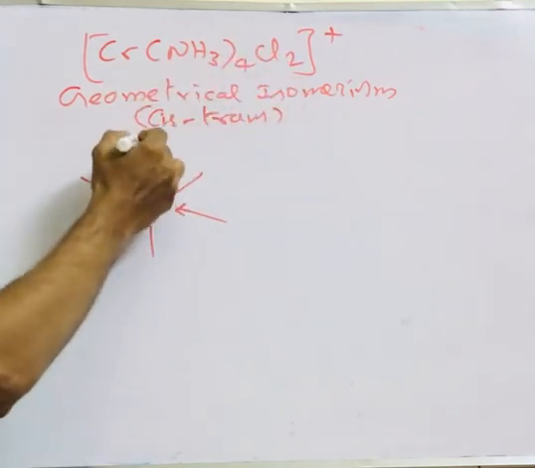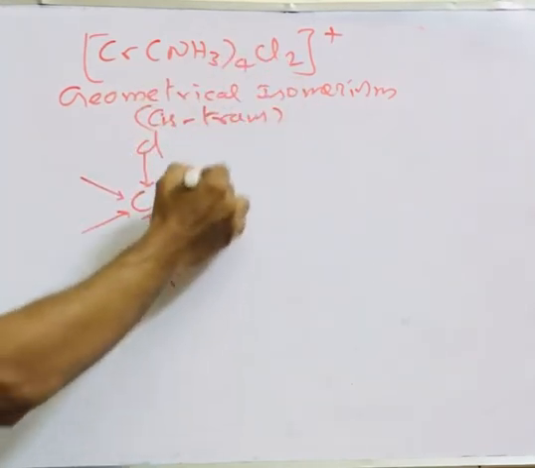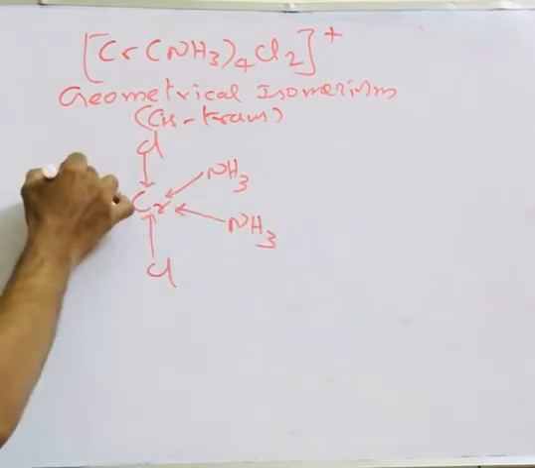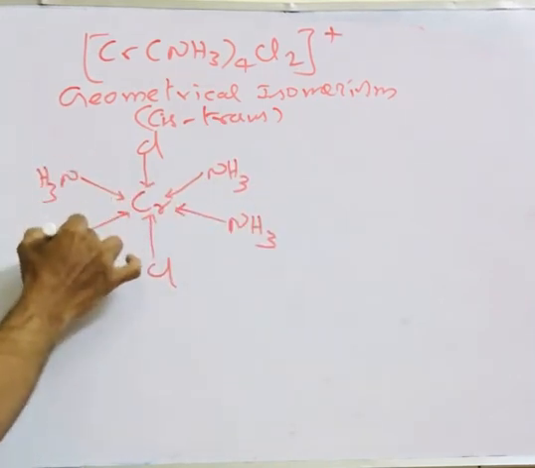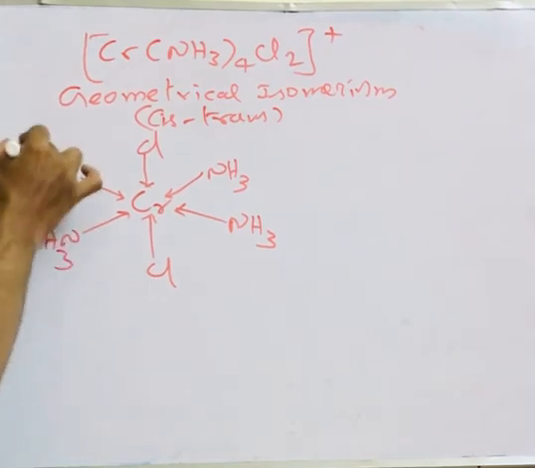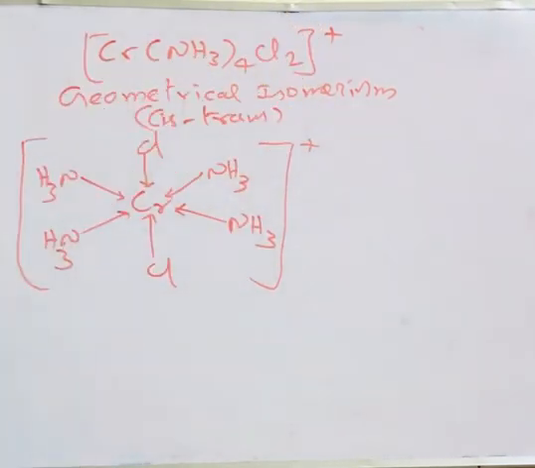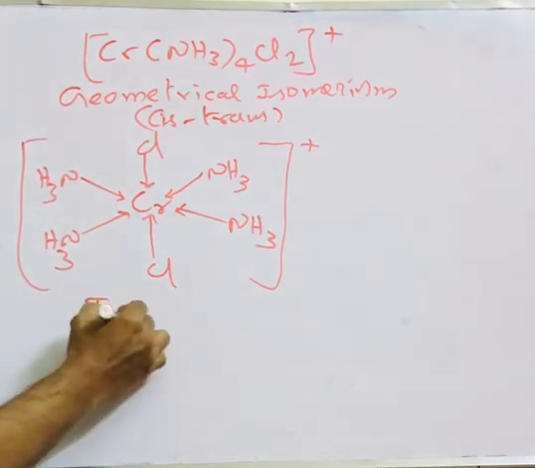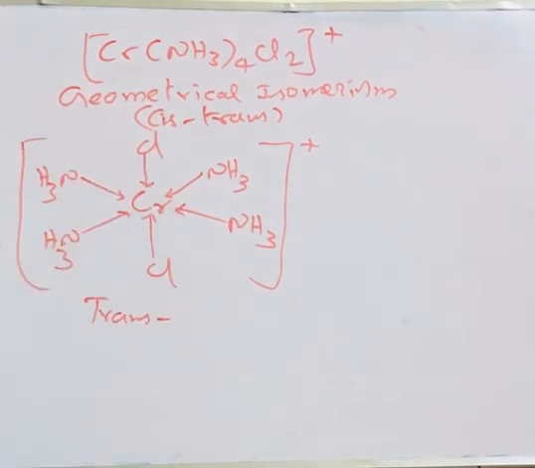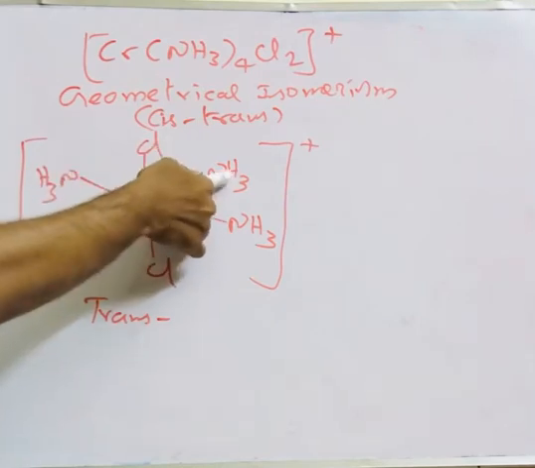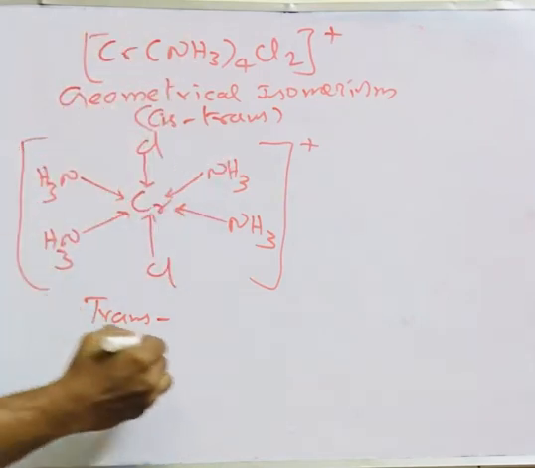Here the chlorides are opposite, so this will be my trans form. This is the trans isomer. Since it is an ion, you need to mention the plus charge. So this is the trans isomer, where the chloride ions are opposite to each other. If the chloride ion comes over here, in another case, then it becomes cis.